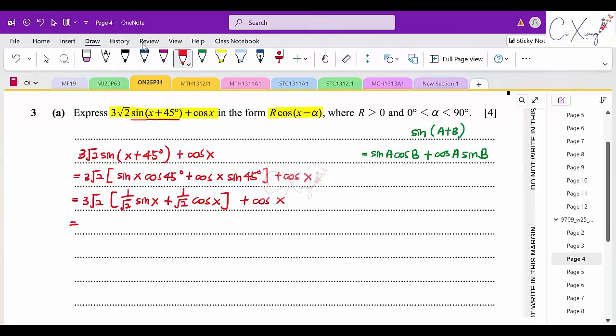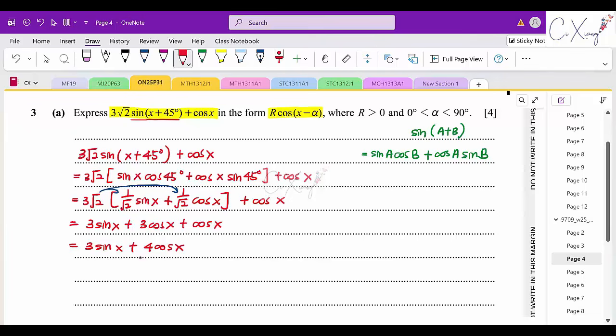Then I substitute this value into both terms in the bracket, then the root 2 and root 2 can be simplified. When I simplify that, I'll be getting 3 sine x plus 3 cos x plus cos x. Then further simplifying, it becomes 3 sine x plus 4 cos x. Yeah, and this is what I have now.